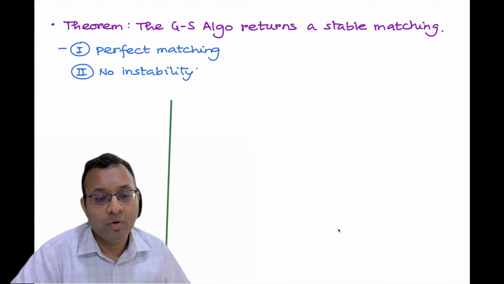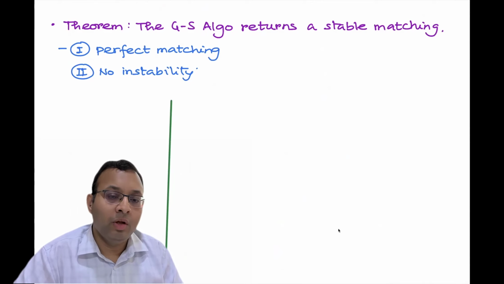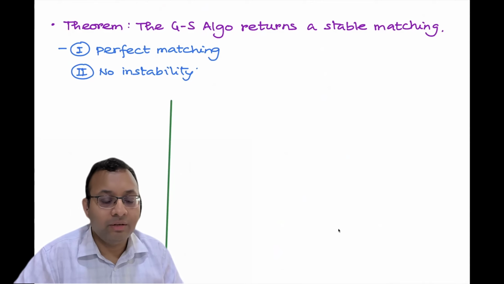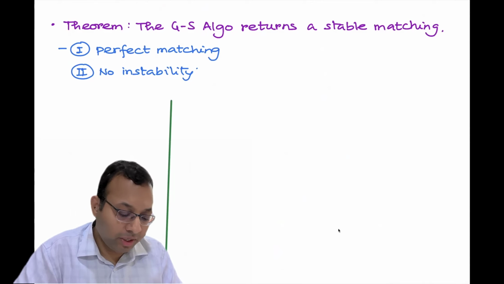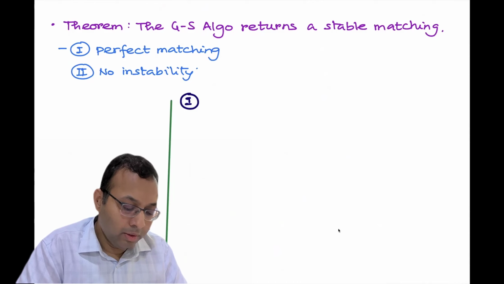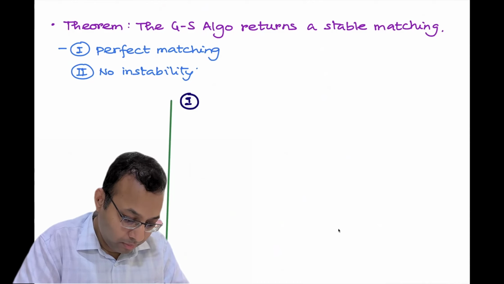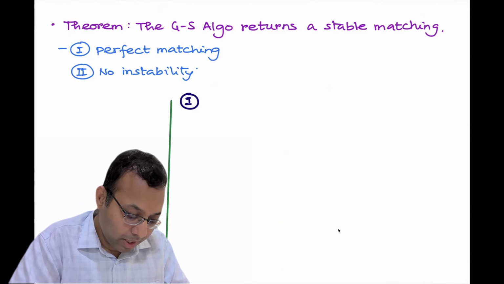To prove it, there are several ways to prove a theorem. We can try induction, we can try contrapositive. In this particular case, we'll use contradiction. Let's try.